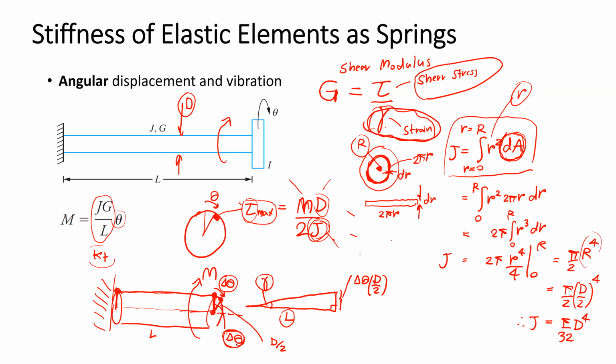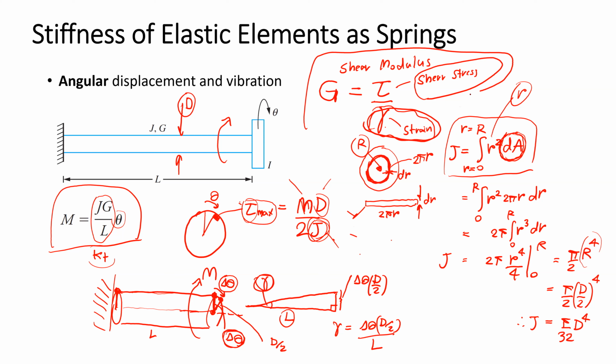So now the shear strain is equal to delta theta d per 2 divided by the length of the rod. So can we find the relationship? We come back to this equation.